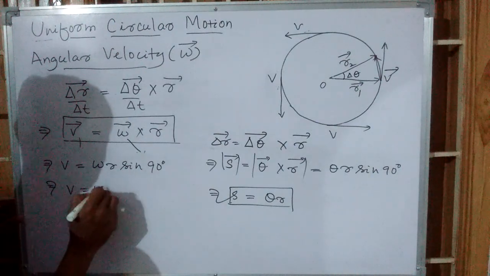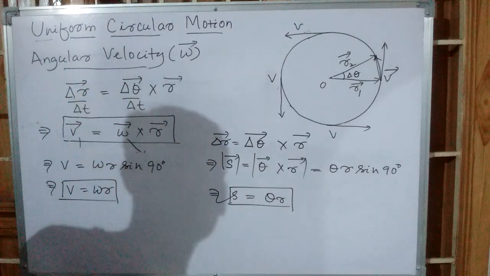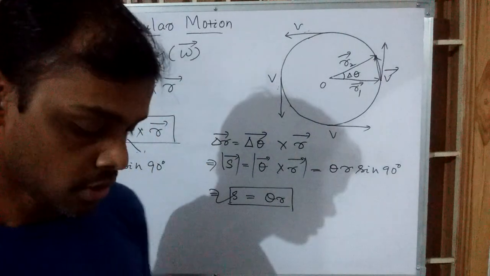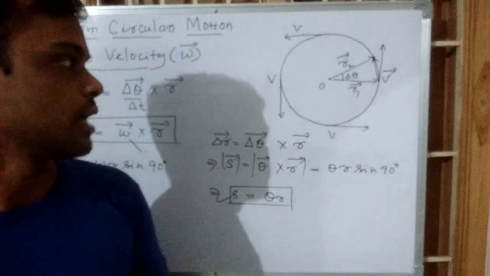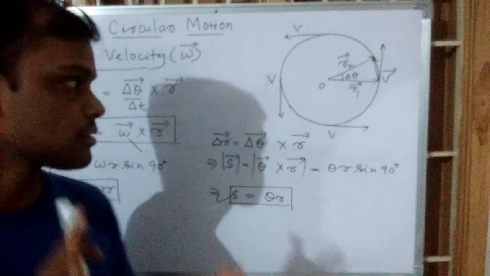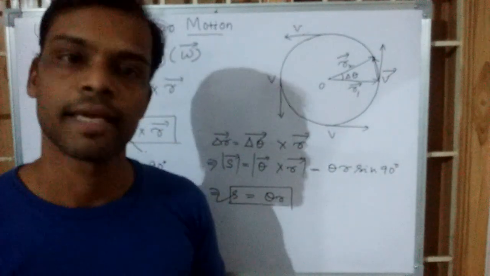This implies v is equal to omega r. So this is in terms of magnitude. In the next class we shall discuss angular acceleration and its relationship with linear acceleration. Then we shall go for the real reason behind circular motion. Okay, thank you.